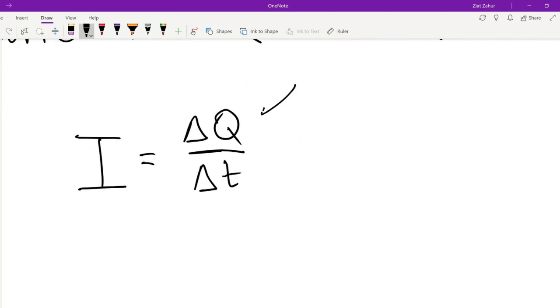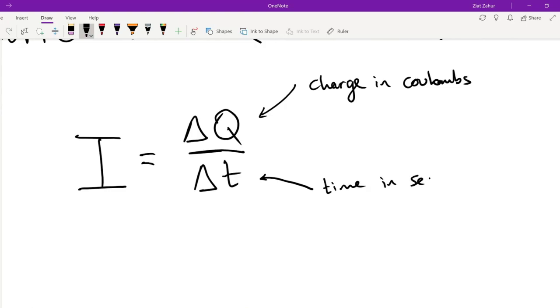So this is measured in coulombs, charge in coulombs. And this is time in seconds. Coulombs, capital C, seconds, little s.